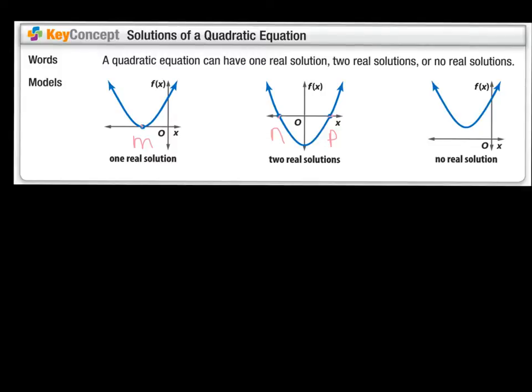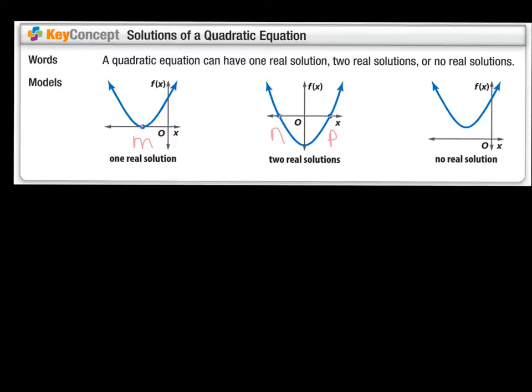So if I'm looking at the first parabola, this one right here on the left, and I want to say that the solution is M, we're going to use what's called set builder notation. In the last video, you used set notation also with domain and range, which you may have seen before, but this is going to look a little bit different than domain and range.